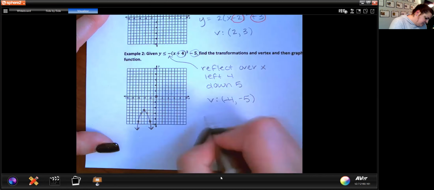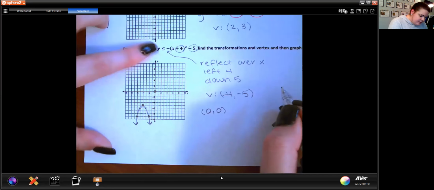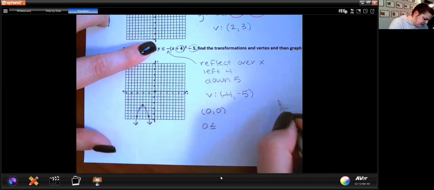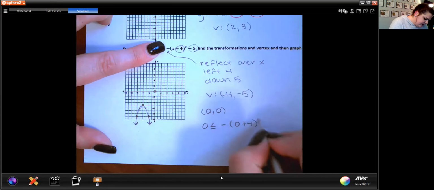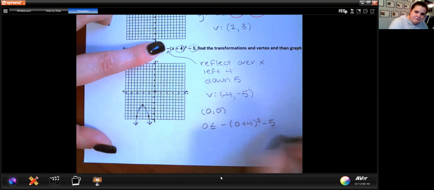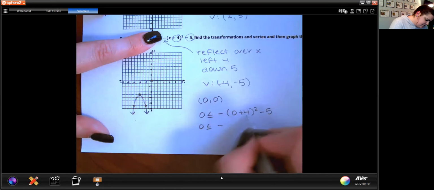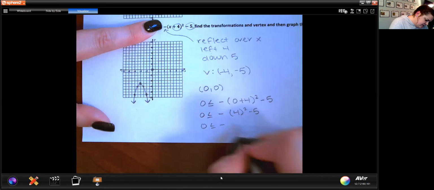So if I use the point 0, 0 to figure out my shading, I'm going to plug 0 in for the y coordinate. 0 is less than or equal to negative of 0 plus 4 squared minus 5. All right, 0 plus 4 is 4. And then 4 squared is 16.